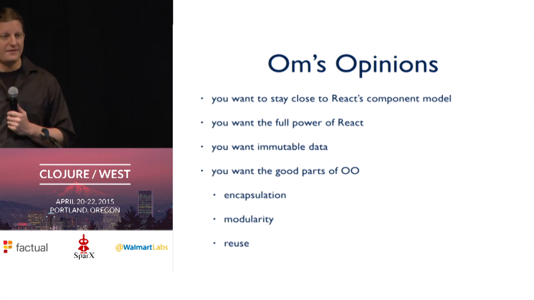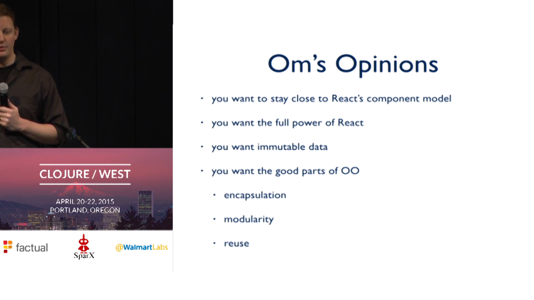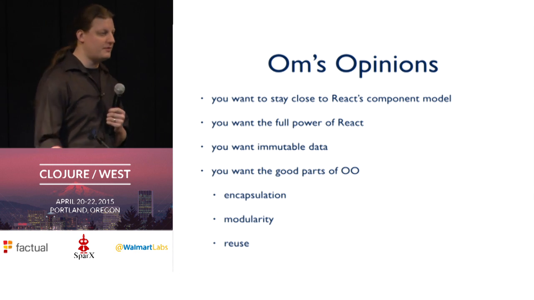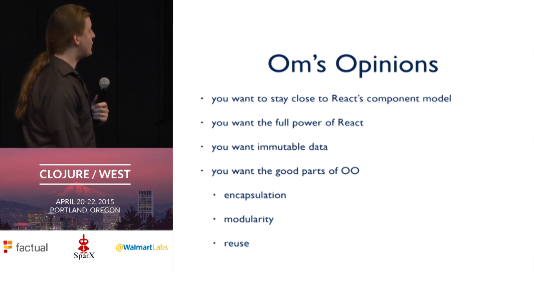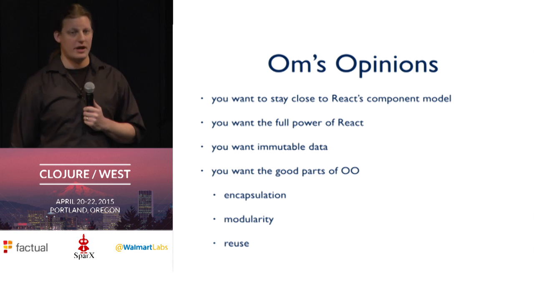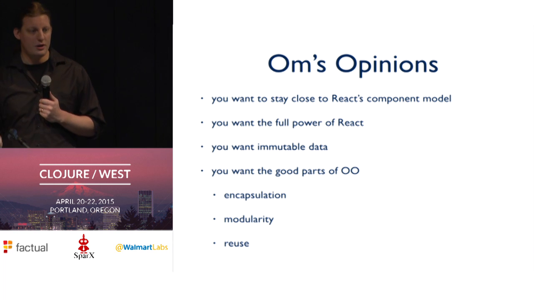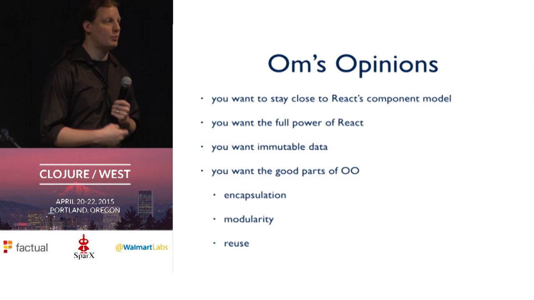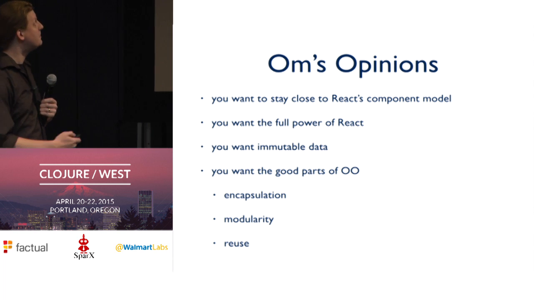And we want to get the performance and the conceptual functional programming benefits of working with immutable data. And also, if you've watched David's talks, we do want the good parts of object-oriented programming. So Ohm has a lot of features geared towards giving you things like encapsulation, modularity, reuse, writing components that can be reused in a variety of different contexts. And these are Ohm's goals.